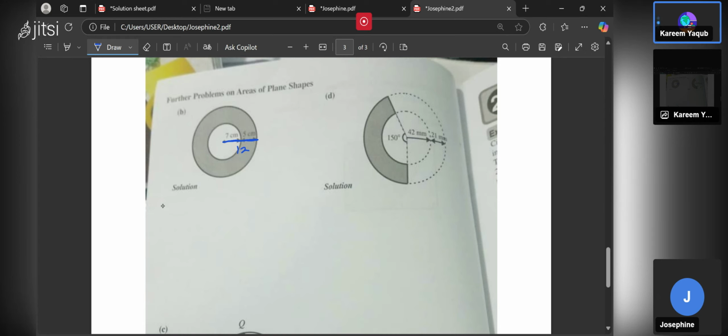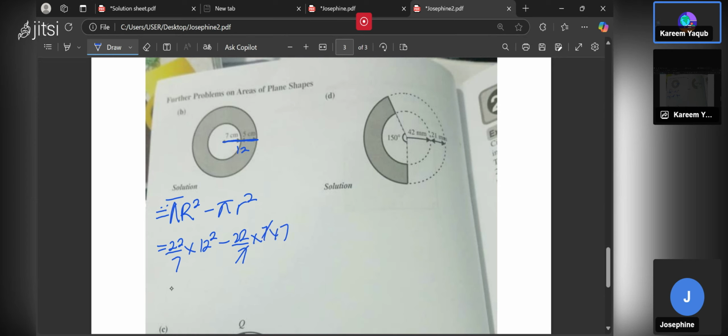So the area of the shaded portion will then be pi big R squared minus pi small r squared. So that will be 22 over 7 times big R, 12 squared, minus 22 over 7 times small r, 7 times 7.